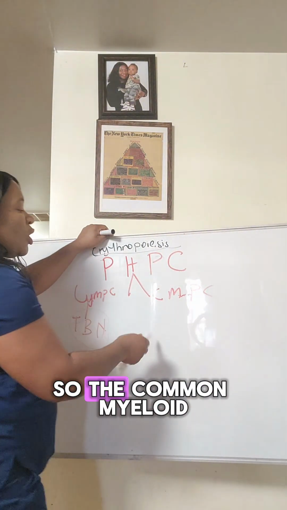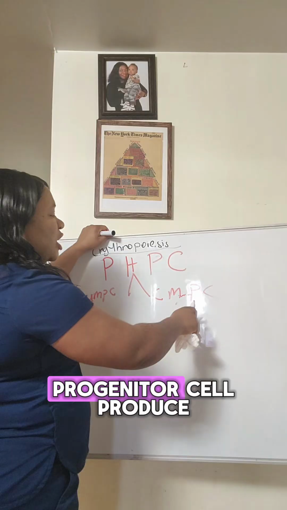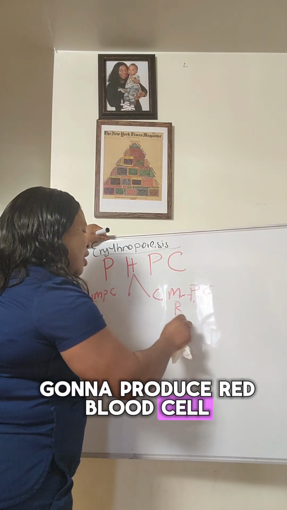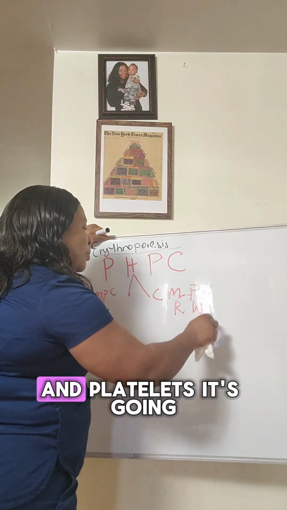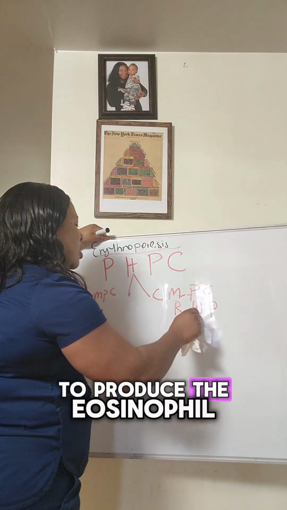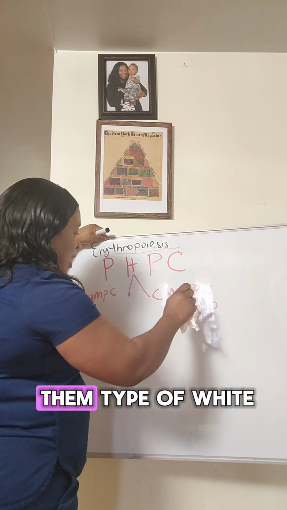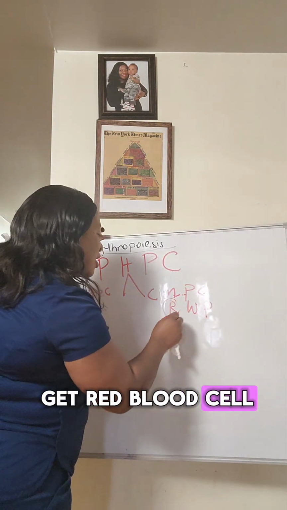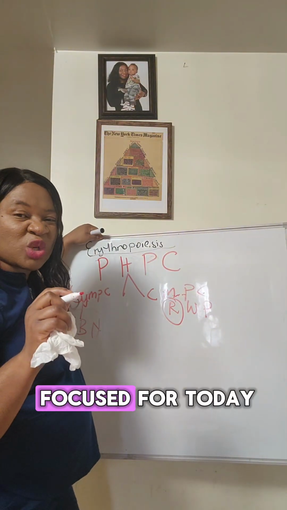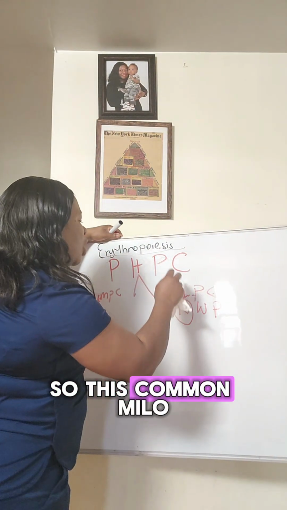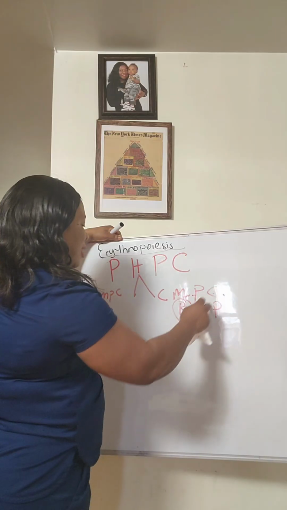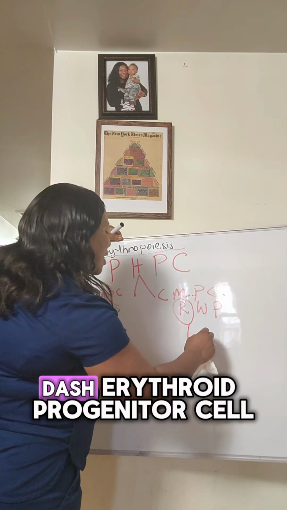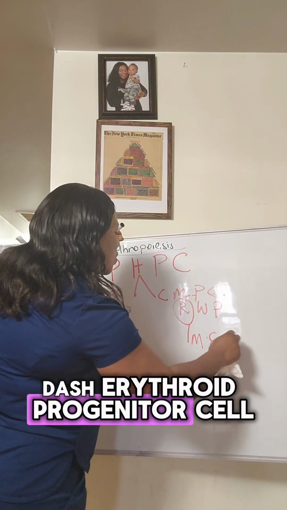So the common myeloid progenitor cell at the end is going to produce red blood cell, some types of white blood cell, and platelets. It's going to produce the eosinophil, neutrophil, and the rest of the types of white blood cell. So going further to get red blood cell, which is erythropoiesis, the one we are focused on today, this common myeloid progenitor cell divided to give us the megakaryocyte-erythroid progenitor cell.